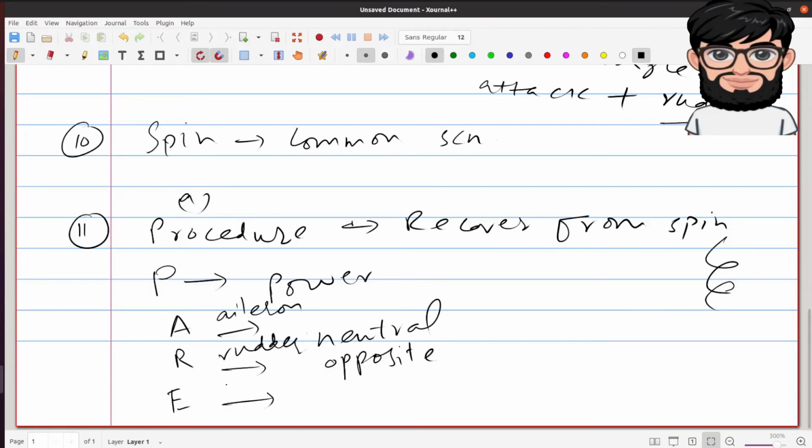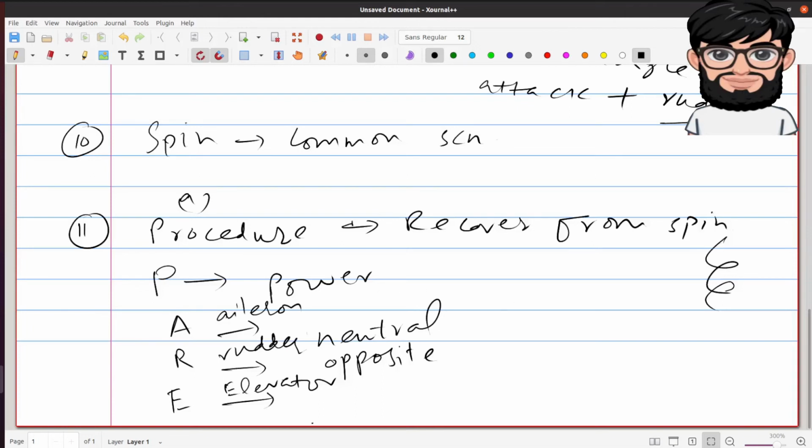And the elevator: apply positive forward of neutral movement to break the stall. This is because this happened mostly because the speed was slow, so the yoke is going to be pushed in to get some speed, but not using the power.